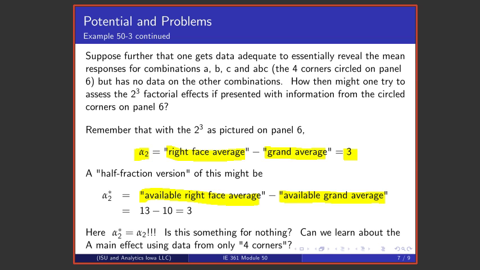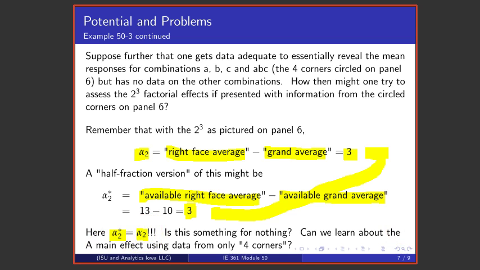I do know what the means are, and in this particular case, I numerically get the same thing. That is, this half fraction version of the main effect is exactly the actual main effect.